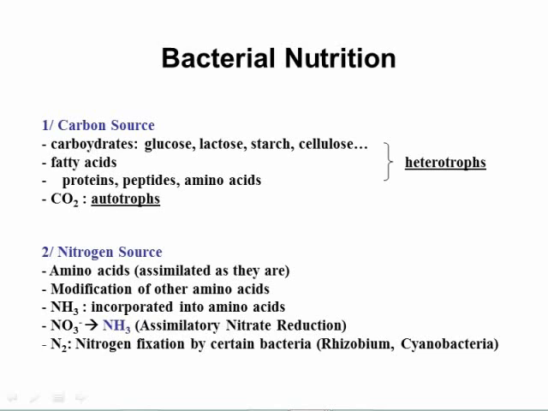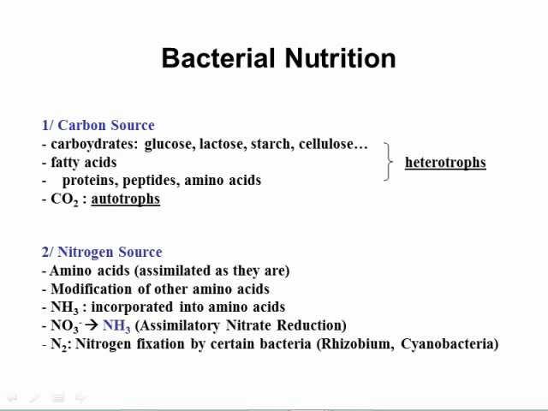Okay, so the next couple of slides are not fantastically exciting, but it is important to know this stuff. Every type of organism needs to get carbon, nitrogen, sulfur, phosphorus, and minerals. So what are the sources?